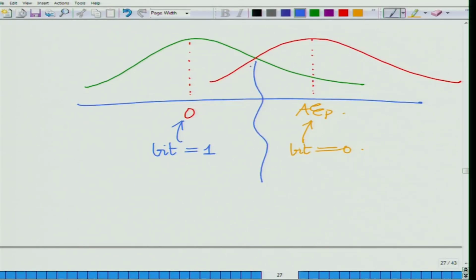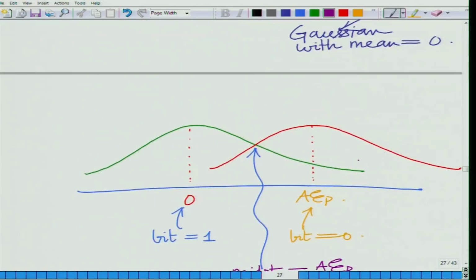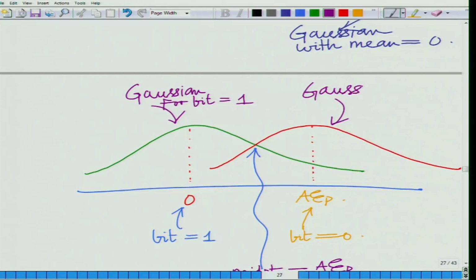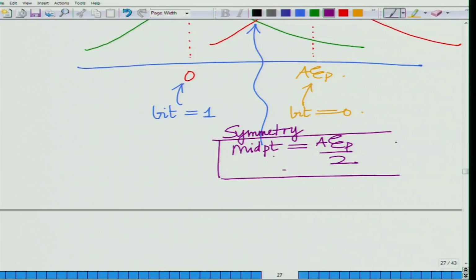And now you can see the midpoint is not 0, but by symmetry again the midpoint is A E_p divided by 2, which is the detection threshold.